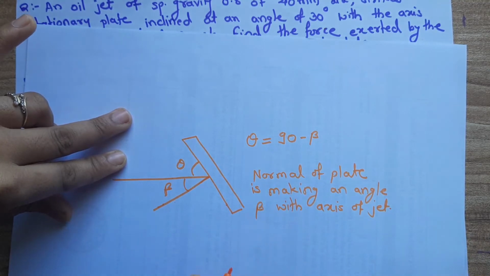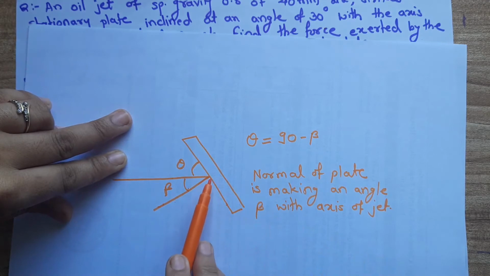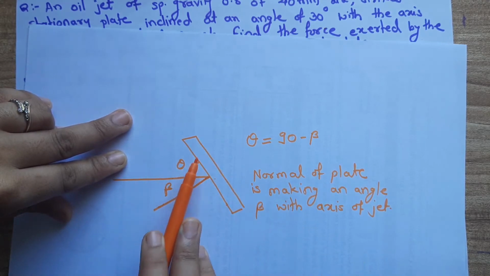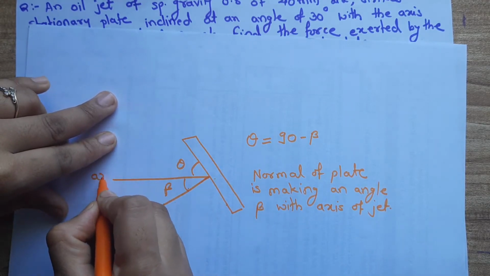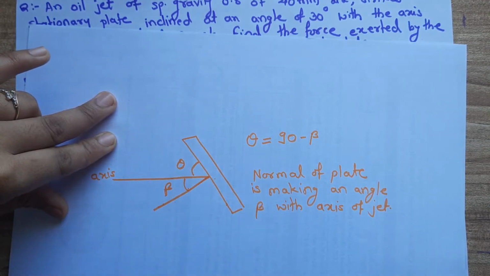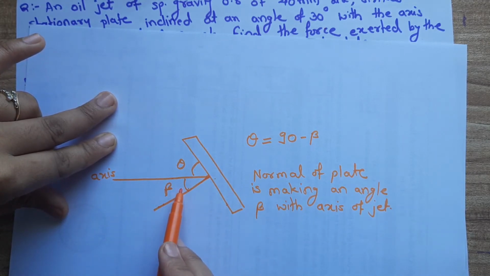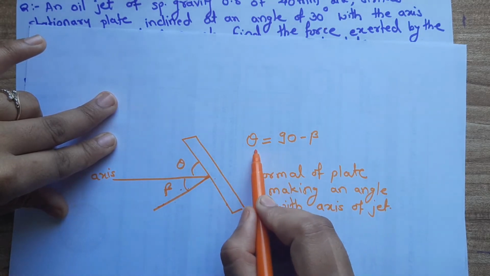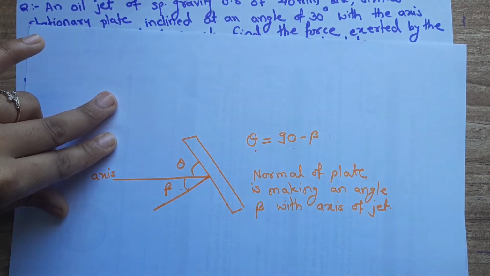So there is a difference between these two. If it is said that the plate is making an angle with the axis of the jet, then theta is given. But if it is said the normal of the plate is making an angle of something with the axis of the jet, then it is beta, and in that case you are supposed to find the angle theta by using 90 minus beta.